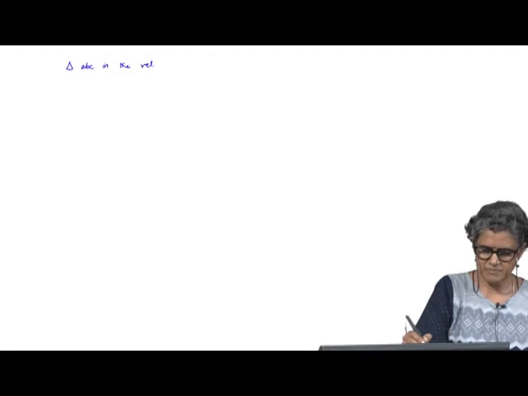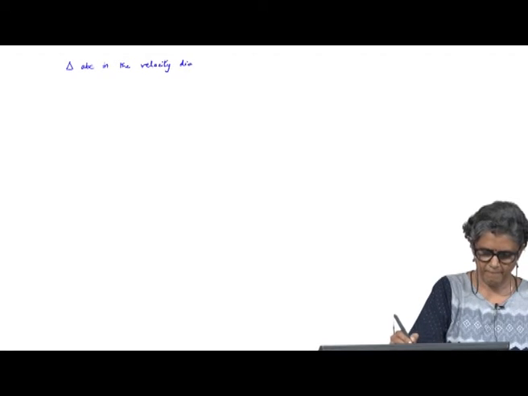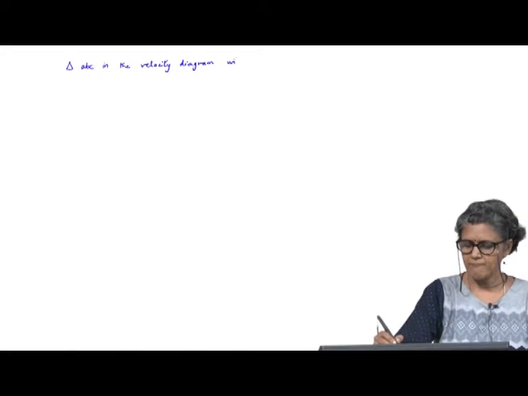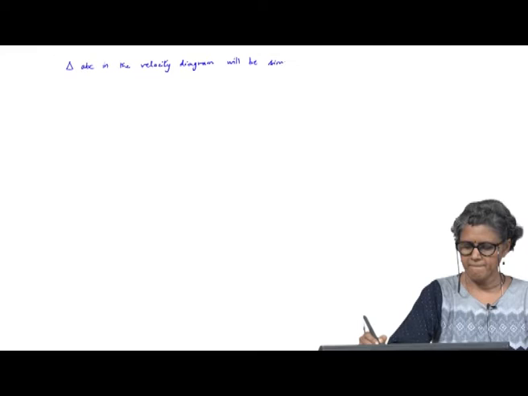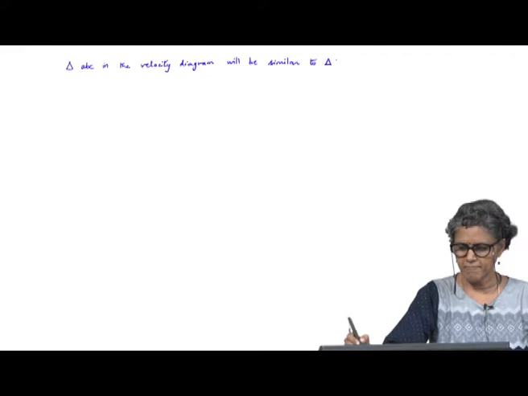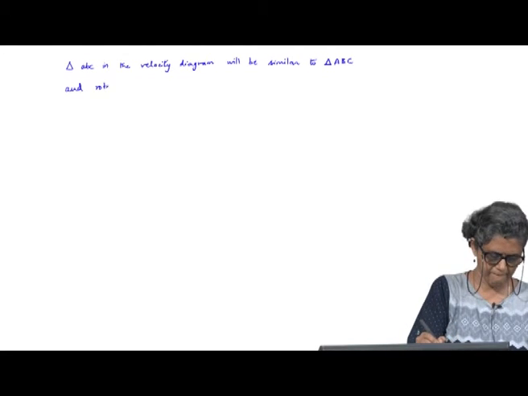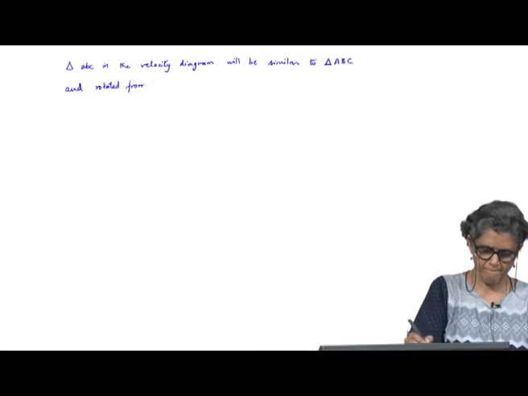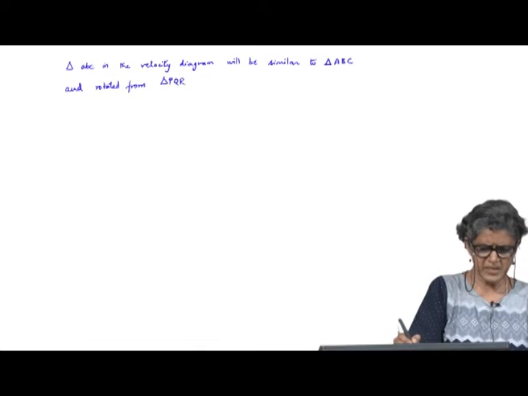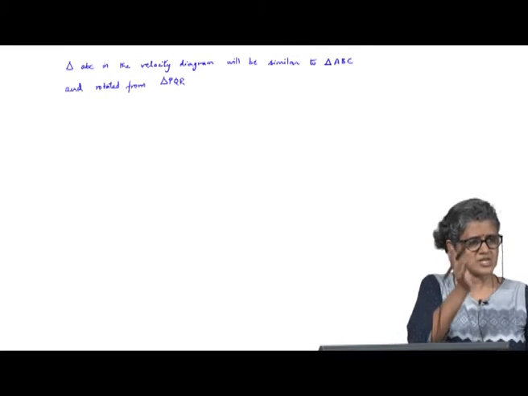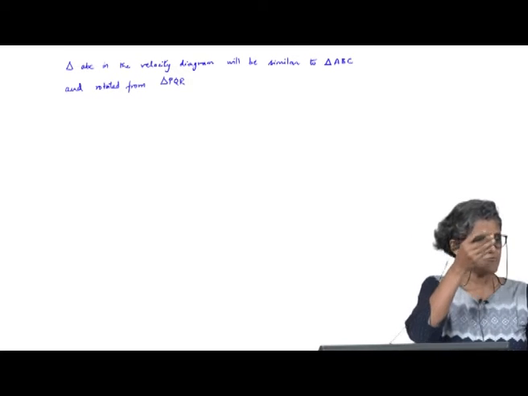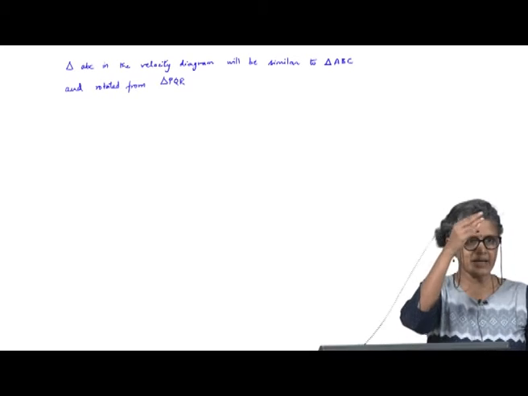So, let me just write a couple of things. So, triangle ABC in the velocity diagram, this applies not just to triangles, because any shape you can, any polygon for instance, you can break it up into triangles.